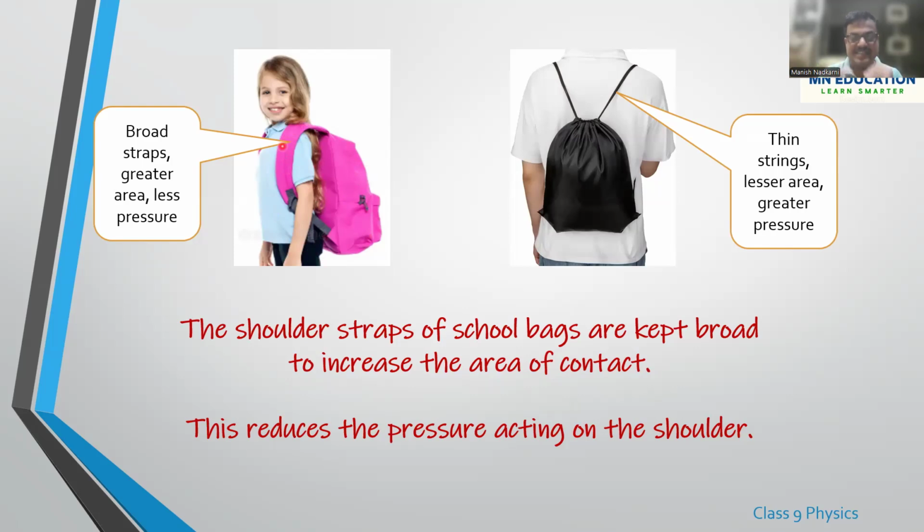And if the area is less, the pressure on your shoulder will be more. It will hurt. For example, in the second figure, can you see it's only something like a small string. So the area of contact with the shoulder is going to be very less. Now this will hurt. If the bag is very heavy, it will hurt your shoulder. Okay, so larger the area, lesser the pressure.